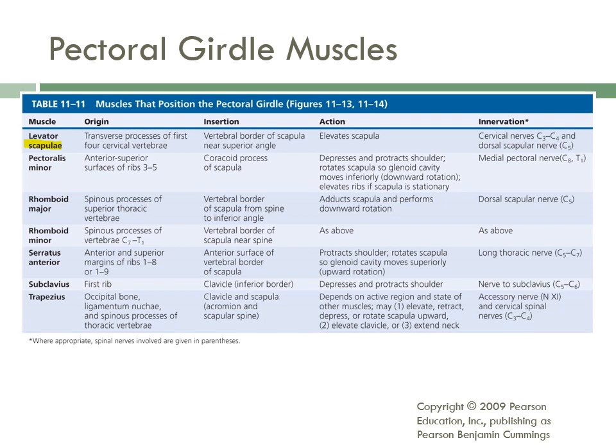The rhomboids we showed in the last slide, those are bringing your shoulders backwards, so they go from the spine to the scapula. You have two of them, the major and the minor. Serratus anterior also helps to protract the scapula. Subclavius helps to depress the shoulder and again pull the shoulder forward.